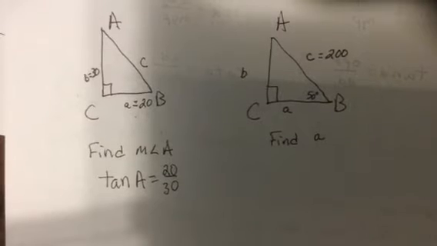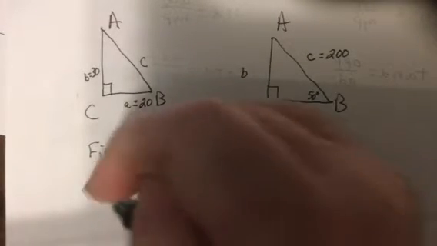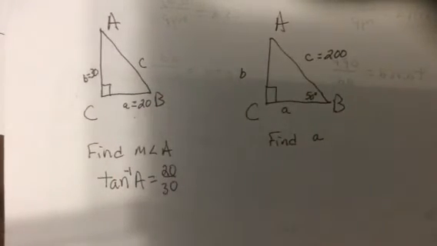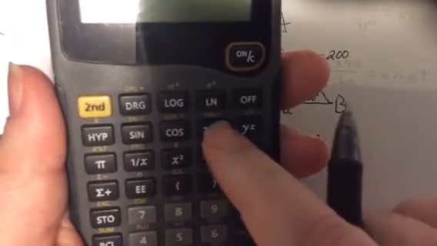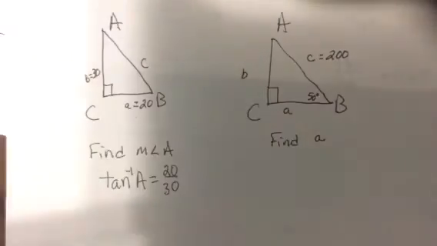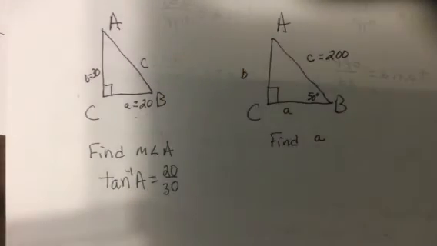Now, since we're looking for an angle, you need the -1 button, tangent to -1. For the cheap calculators, it's usually shift or second. So I'll show you on this one. I'm going to go second, tan, and then print. Oh, it's not even on. Sorry about that. Second, tan.